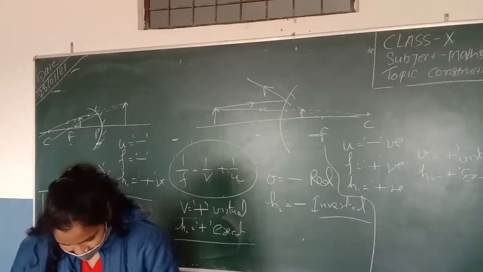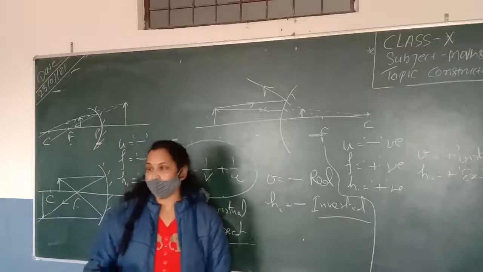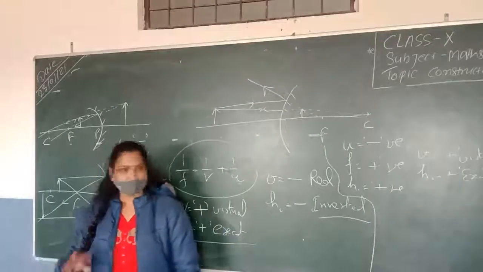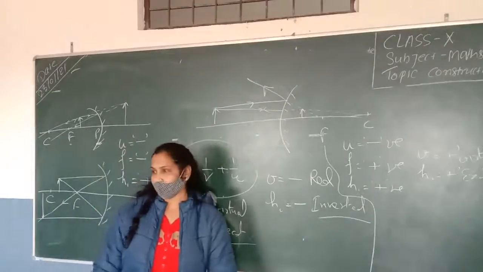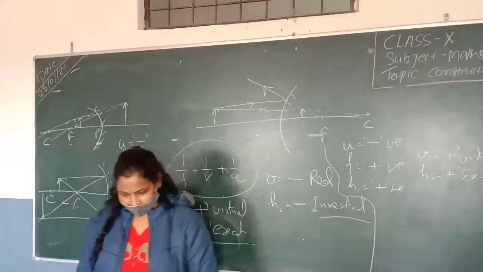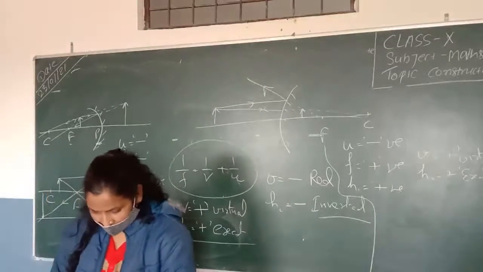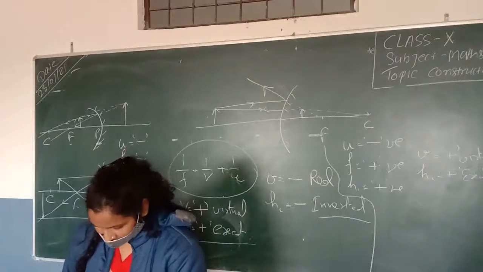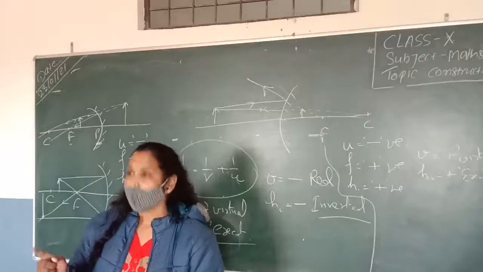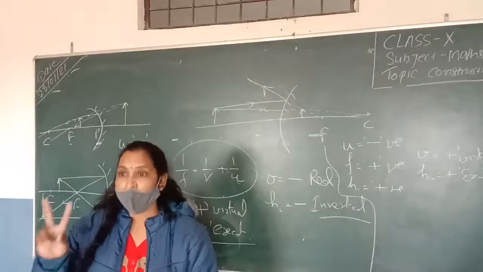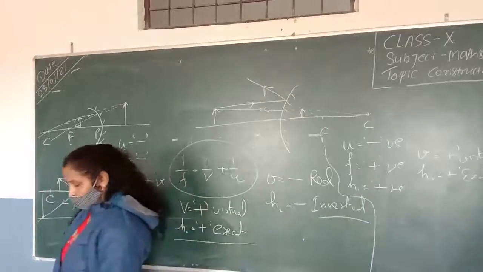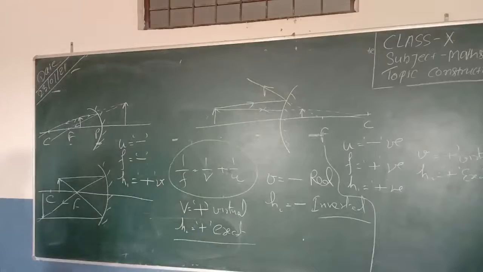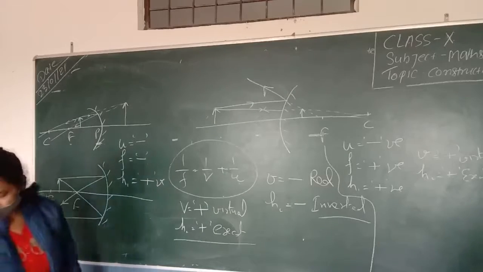Now you have to draw the image formation. You can open your notebook now. And who is going to answer me? You can raise your hand. First one: you have to draw the image by using the concave mirror, if the object is beyond C. The object is beyond C and you have to draw the image by using the concave mirror.